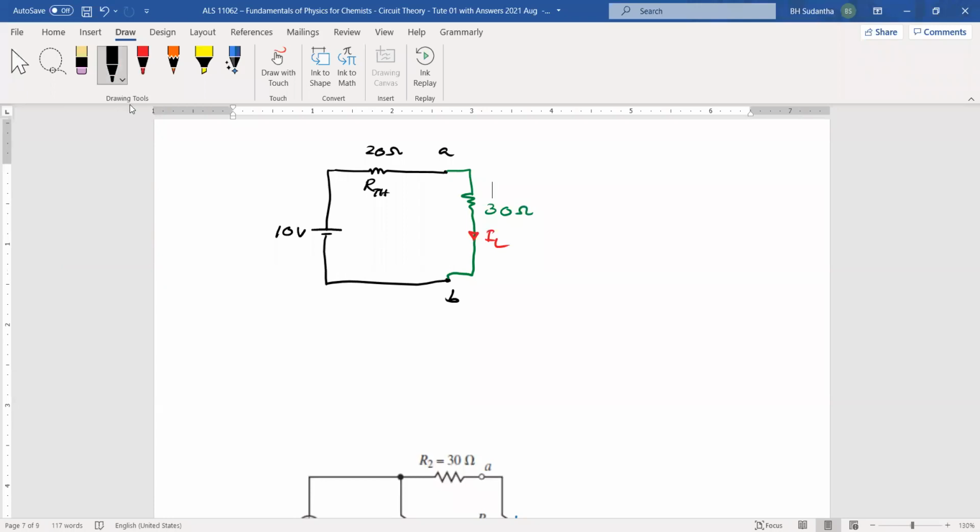Then IL equals 10 volts divided by 20 ohms plus 30 ohms, then 10 divided by 50, then it's 0.2 amperes.